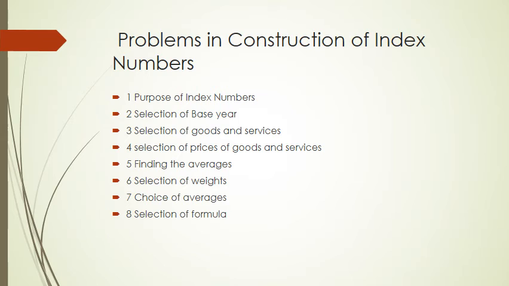In the construction of index number, base year value is assumed to be 100 and other values of different years are related to 100. For example, if the price of X commodity is rupees 5 in the base year and it is found to be rupees 10 in the current year, the index of prices of the X commodity would be 10 upon 5 into 100, that is 200 for the current year.